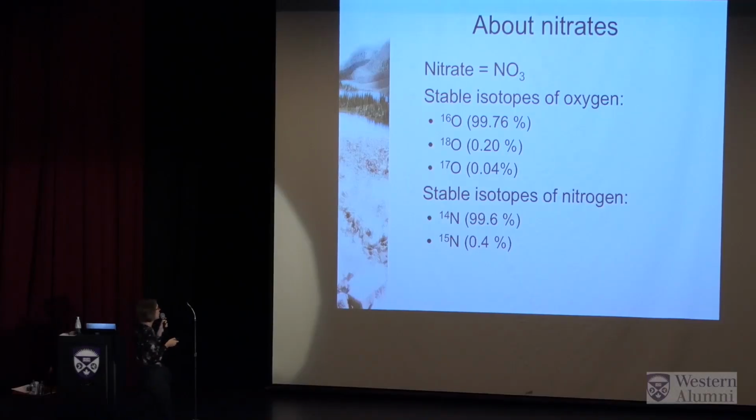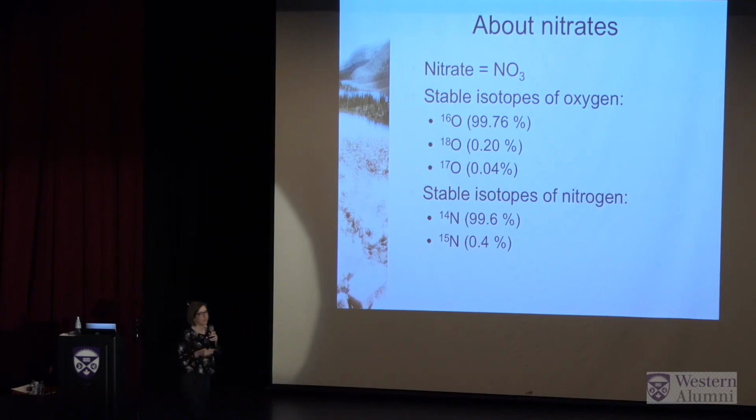So nitrate is made up of 1 nitrogen and 3 oxygens. If we look at the isotopes of oxygen, shown here, oxygen has a mass of 16 usually. 99% of the oxygen that we breathe is oxygen 16. But a tiny fraction is oxygen 18 or oxygen 17.